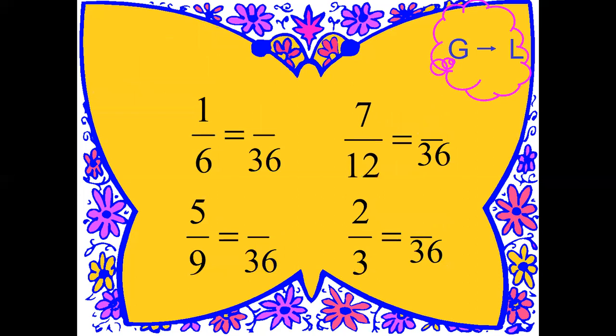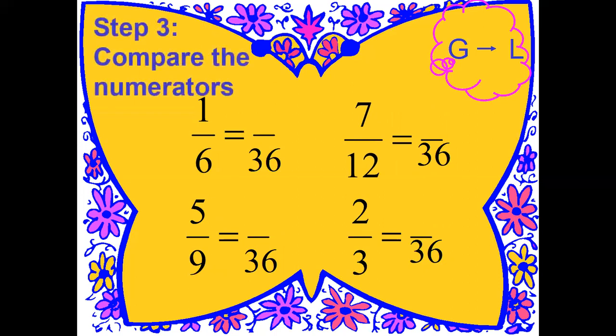All right, so remember, we're going to order from the greatest to the least. So step 3, you are going to compare the numerators. And remember, your numerators, those are your top numbers, right? The numbers on top, they are called numerators.